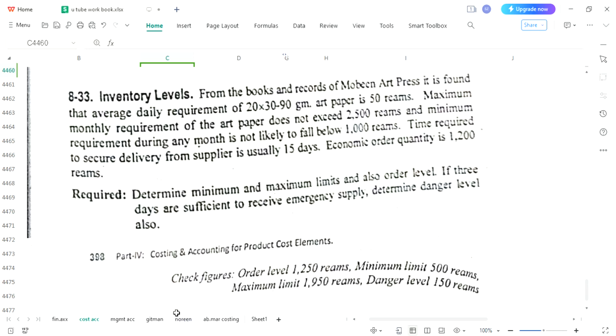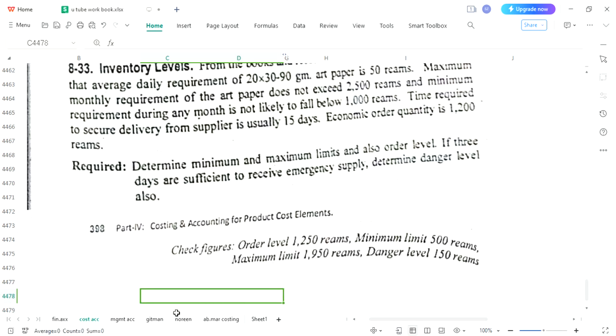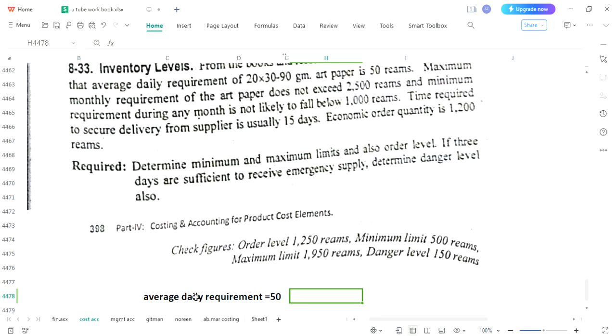This time we will note everything so that you can understand why or when we change something. Average daily requirement is 50 reams, and kindly note it down. We are talking about average daily requirement, so requirement is given in days. Let's see what second amount we are related with. Start your reading and you will come to know that the maximum requirement is given next, and it is 2500.